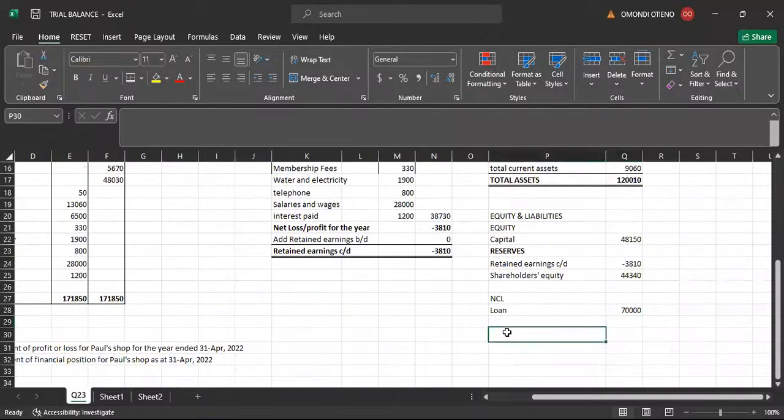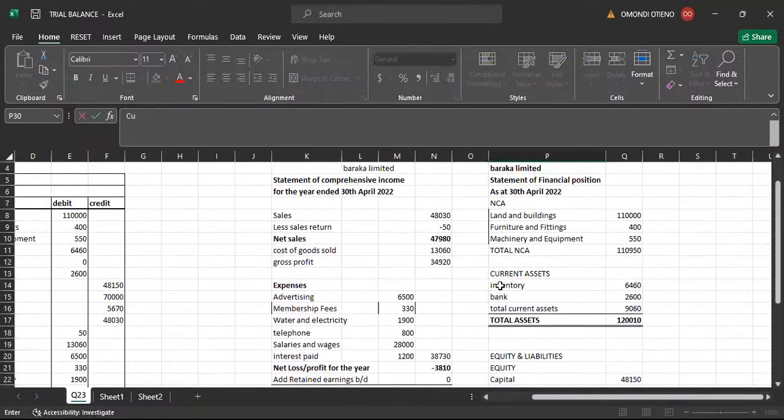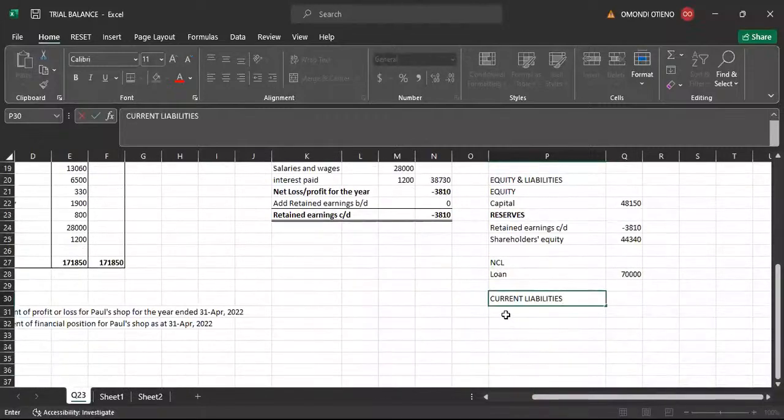That is going to fall under current liabilities.